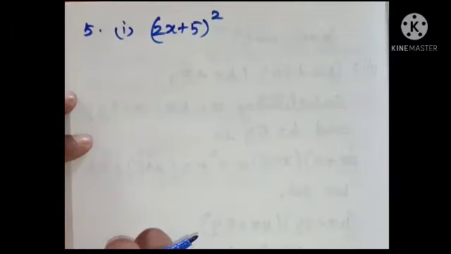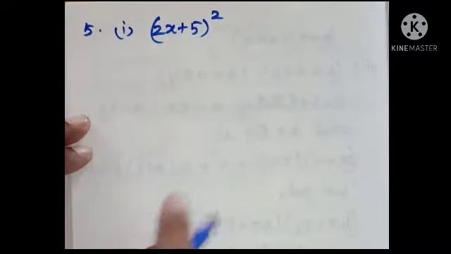It is of the form a plus b the whole square. We know that (a + b)² is a² + 2ab + b². First find the a value and b value and substitute in the identity, and we can expand the given squares by using that identity.